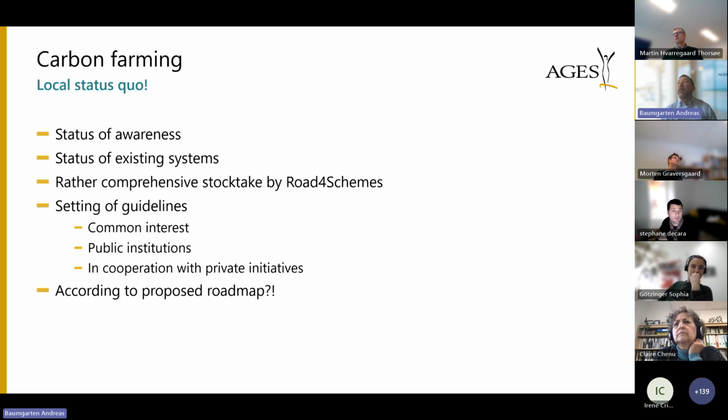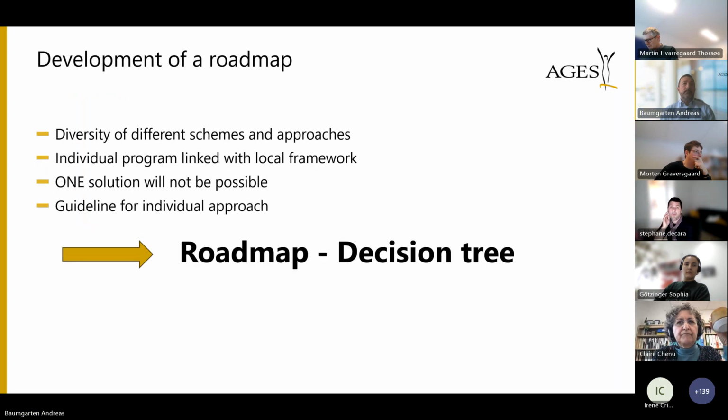So probably it's not only the private initiatives, but there should be kind of a coordinating institution, however this looks like, who sets the guidelines and who says which parts of a carbon farming scheme should be obligatory and what should be of importance. However, this should be then done according to this roadmap that we are proposing.